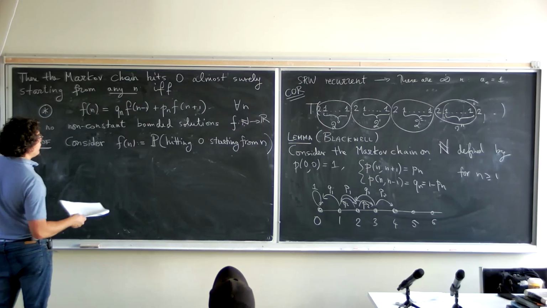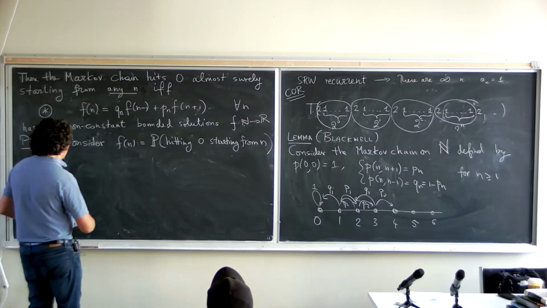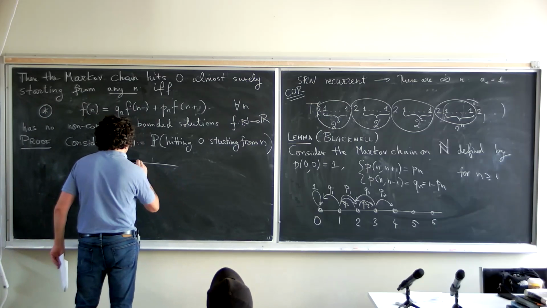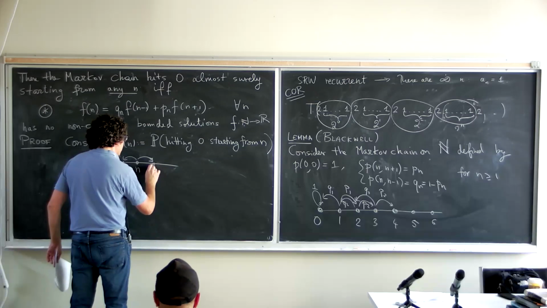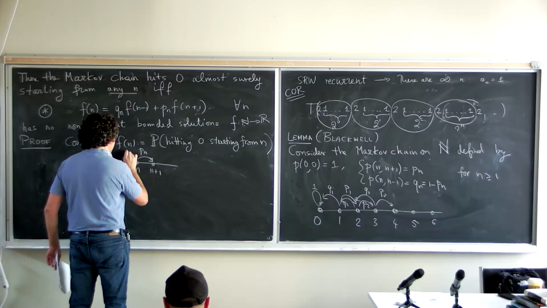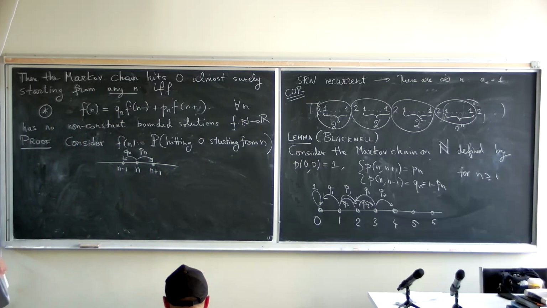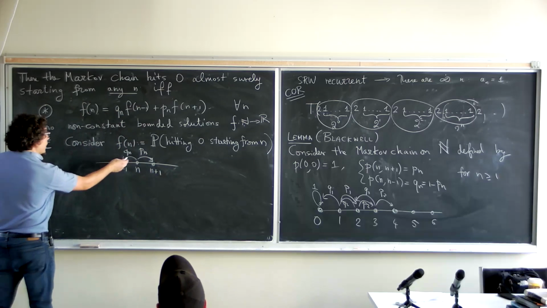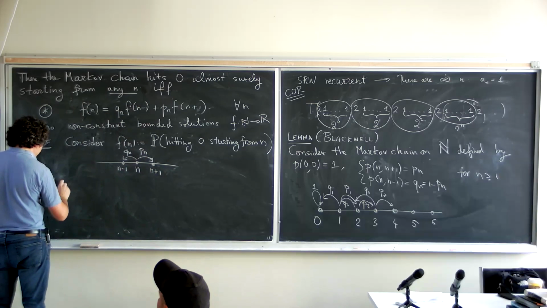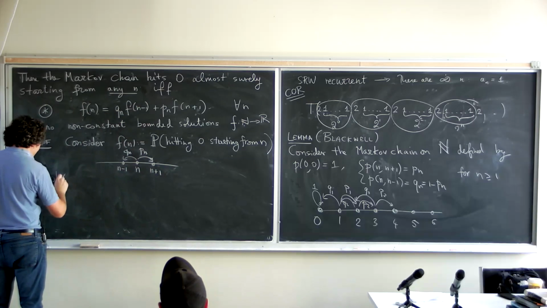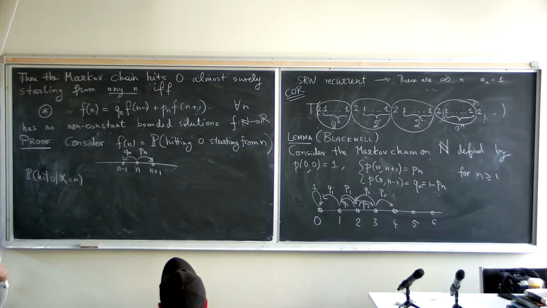Well, it's what this dynamics does. So you have n minus 1 and n plus 1, so you have Pn and Qn. And what's the probability of hitting 0 from starting, given that x0 is n? Let's say x0 is the first step of this chain.